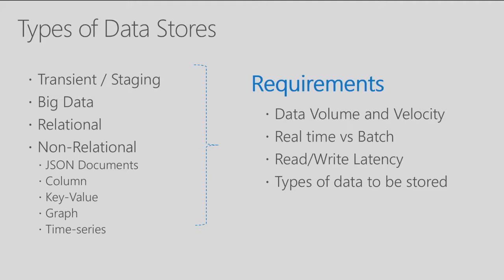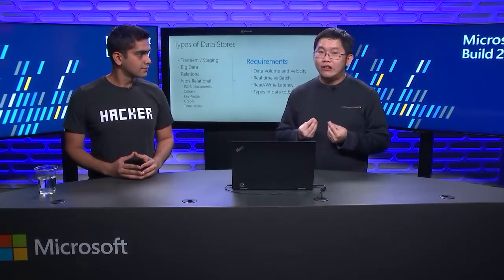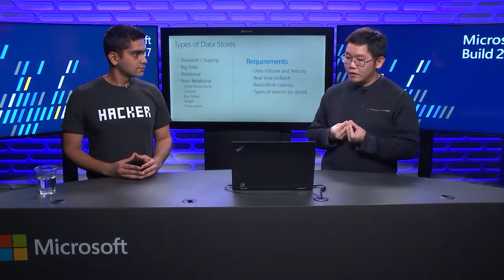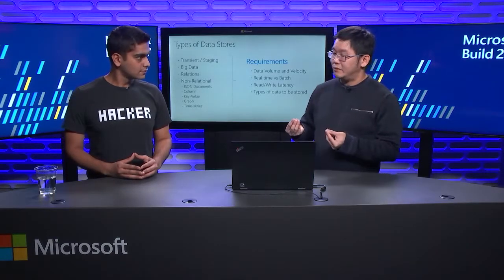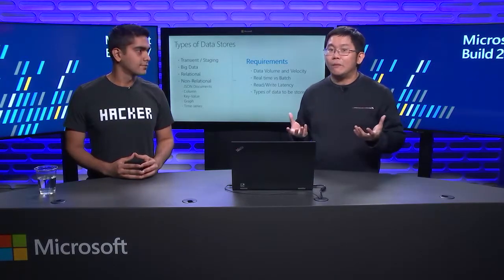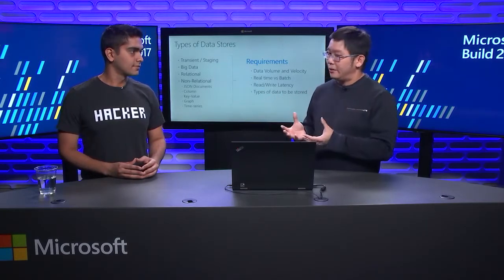Today, we're increasingly seeing application patterns that leverage non-relational stores for JSON data, graph data or time series data. And the key there is: what are your requirements when developing your data-driven application?